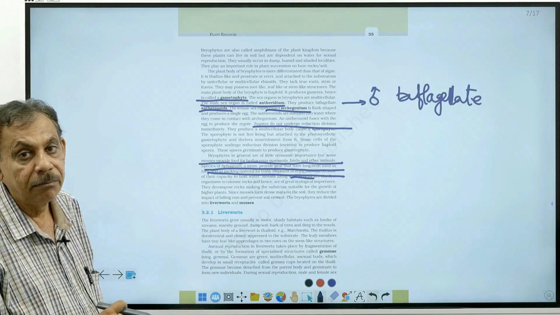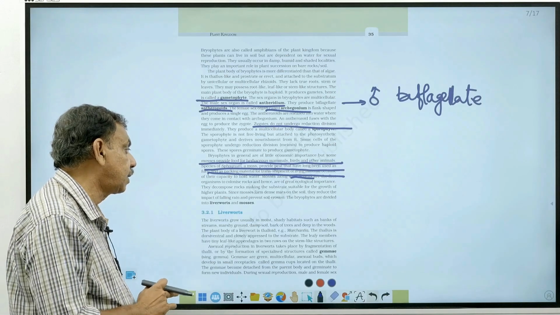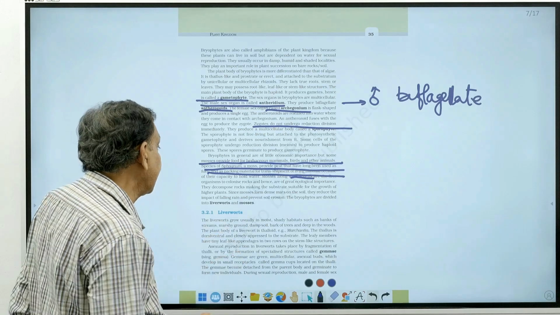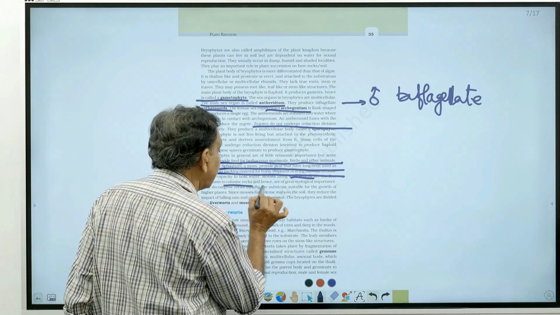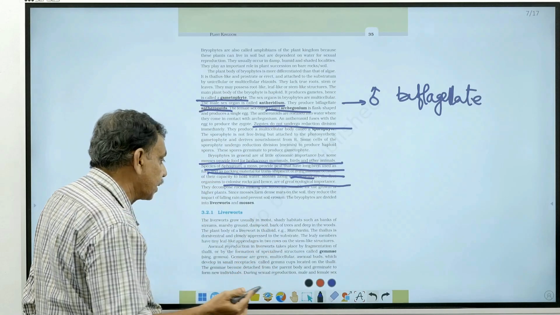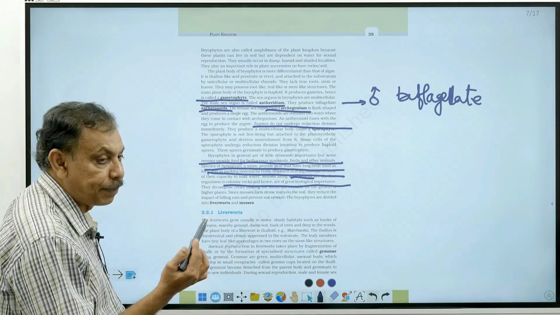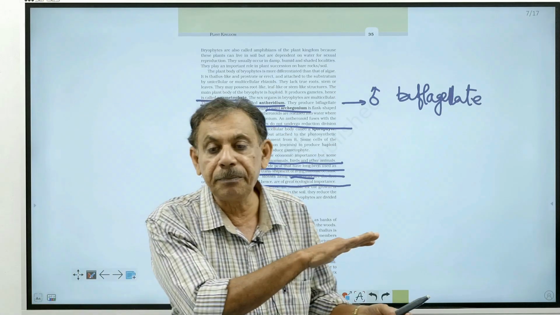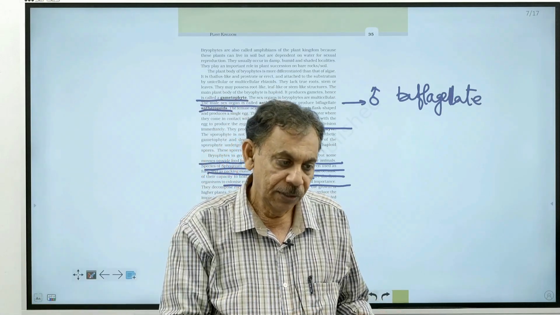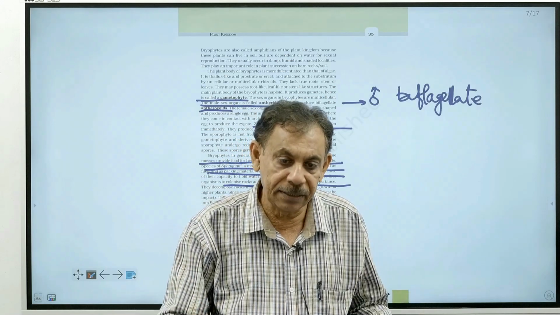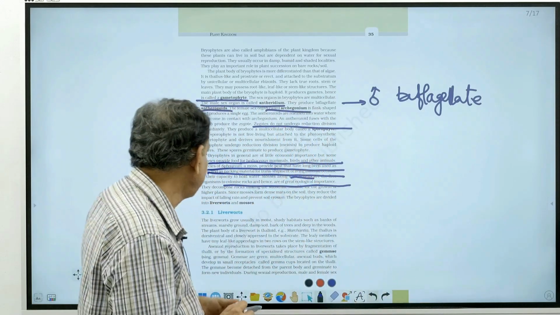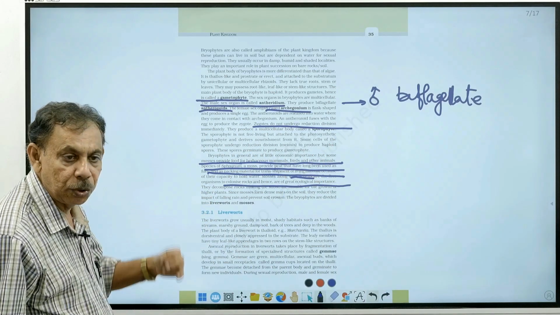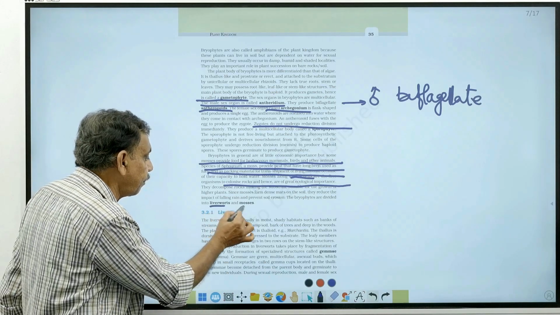Bryophytes, mosses, along with the lichens, play an important role in ecological succession because they colonize rocks and produce soil formation. They prevent soil erosion because mosses and bryophytes form a green mat. These are the importance. The members of bryophytes, the two groups I told you, are liverworts and mosses.